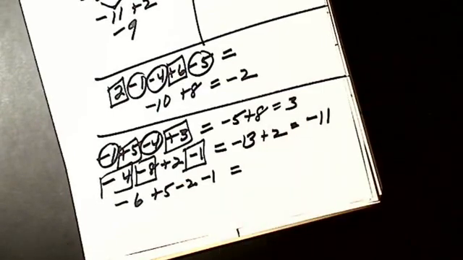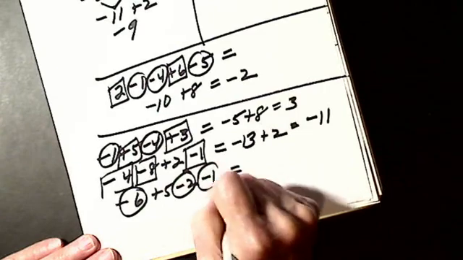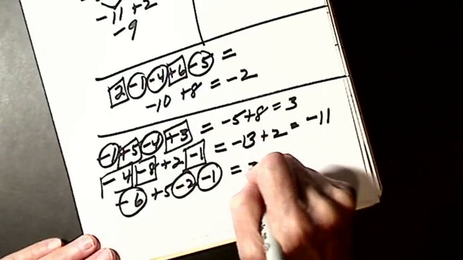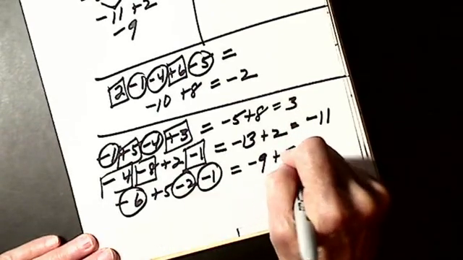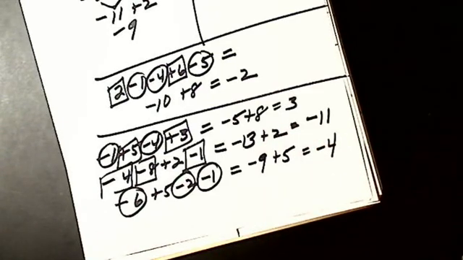I get -11. All right, one more. I group my like signs. I got -6, -2, -1. So 6, 7, 8, 9. I've got -9. I've got a +5. So I'm going to end up with -4.